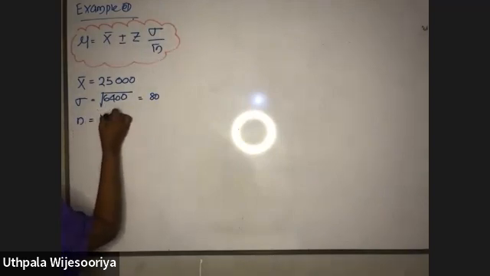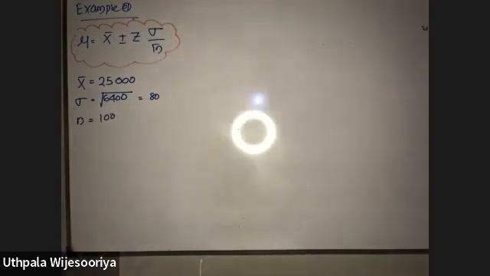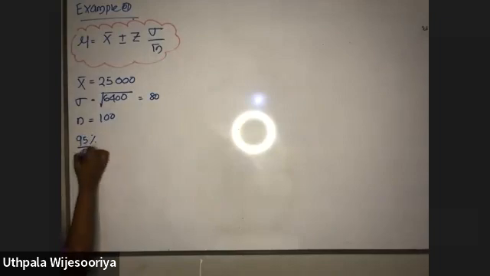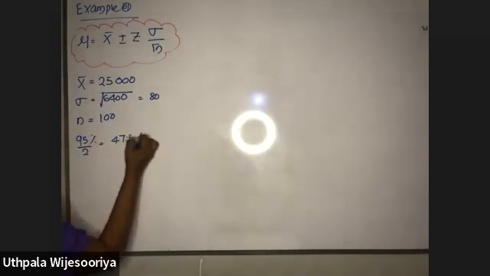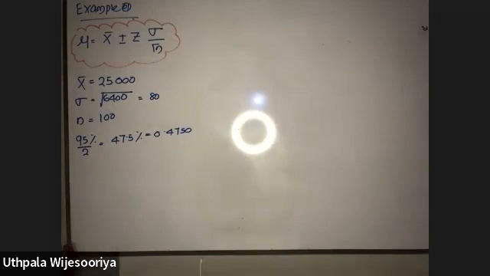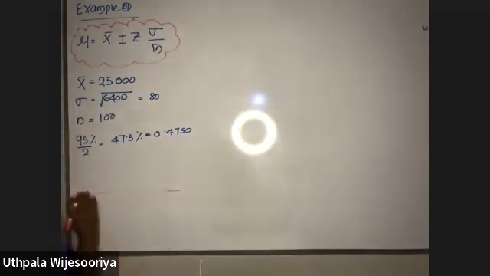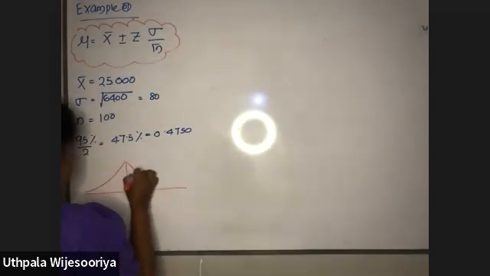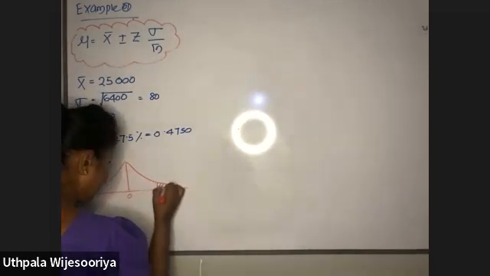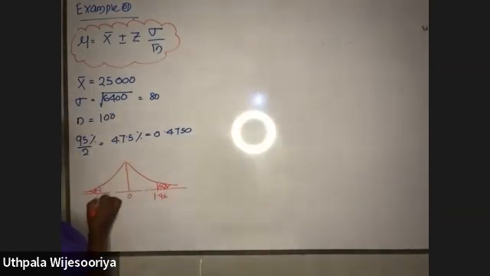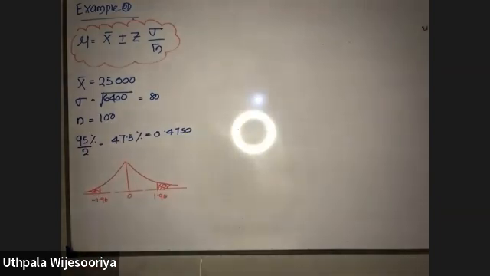Sample size is 100. So what is your Z value? For 95%, that is 47.5% on each side, your table value is 1.96. Now apply all the figures and get the answer.